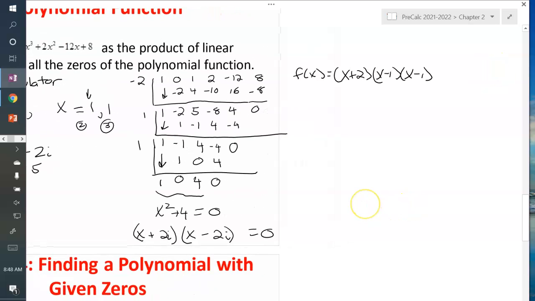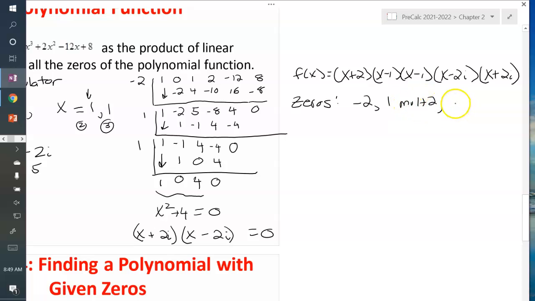I have a 0 at 2i, x minus 2i, and a 0 at -2i, so x plus 2i. That's my function in terms of 5 linear factors, and my zeros are -2, 1 with a multiplicity of 2, 2i, and -2i. And again, notice that those are conjugates of each other.